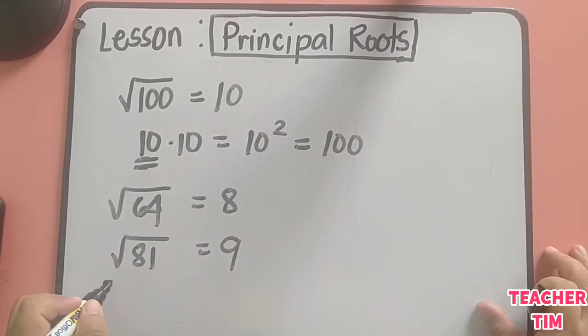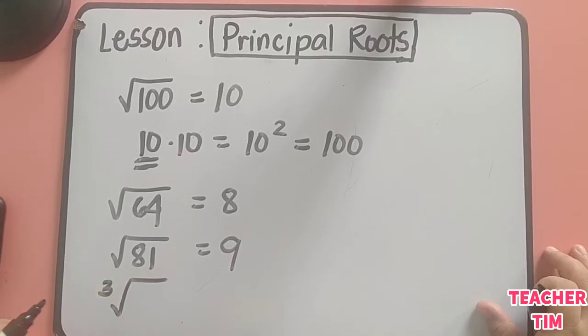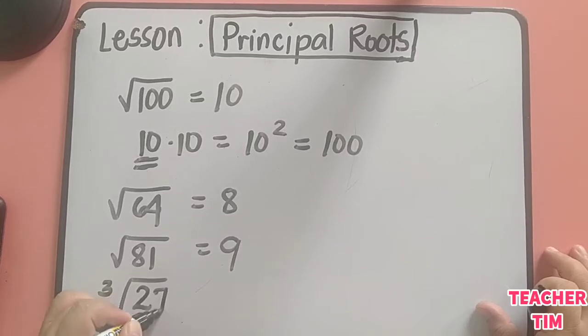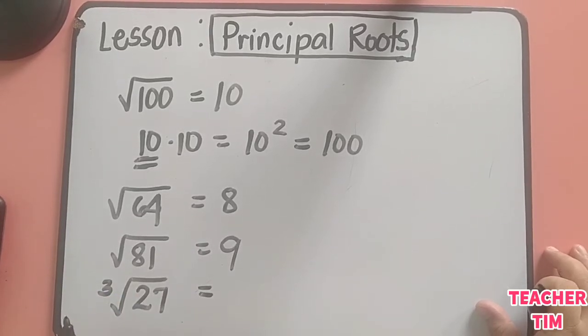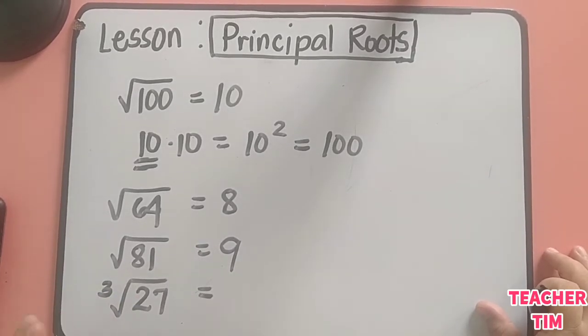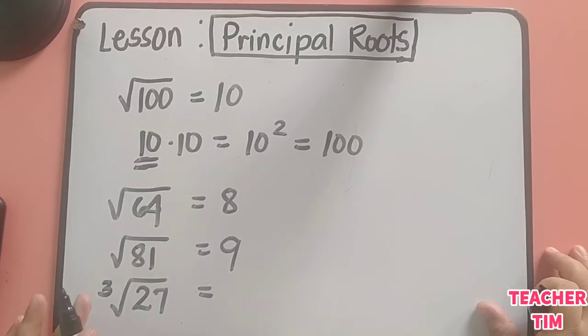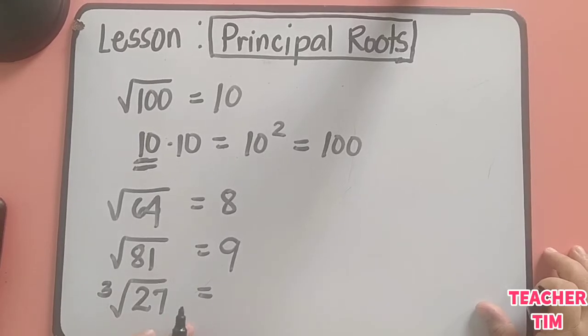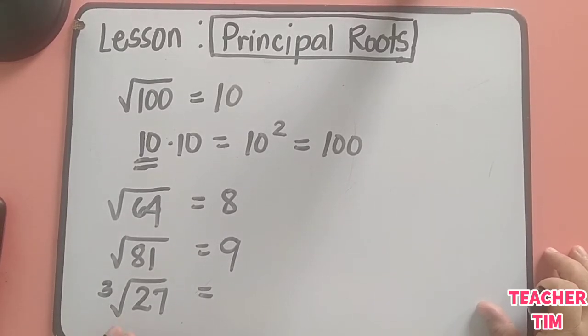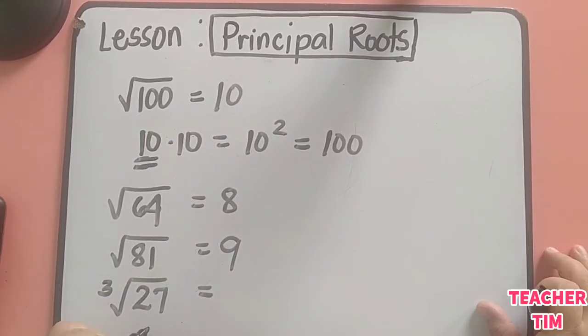Let's say our given is the cube root of 27. We will think of a number that when you multiply it by itself 3 times is equivalent to 27. So, 2 times 2 times 2 cannot be. Well, 3 times 3 times 3.